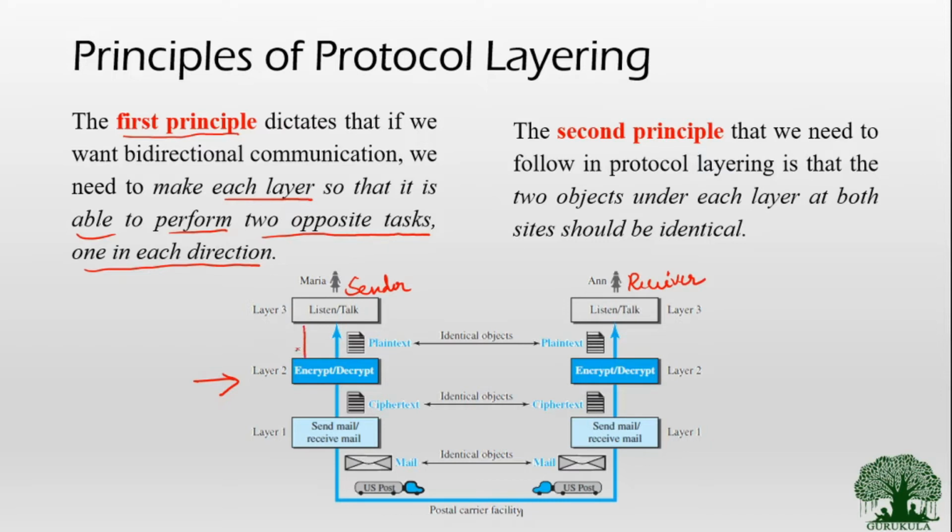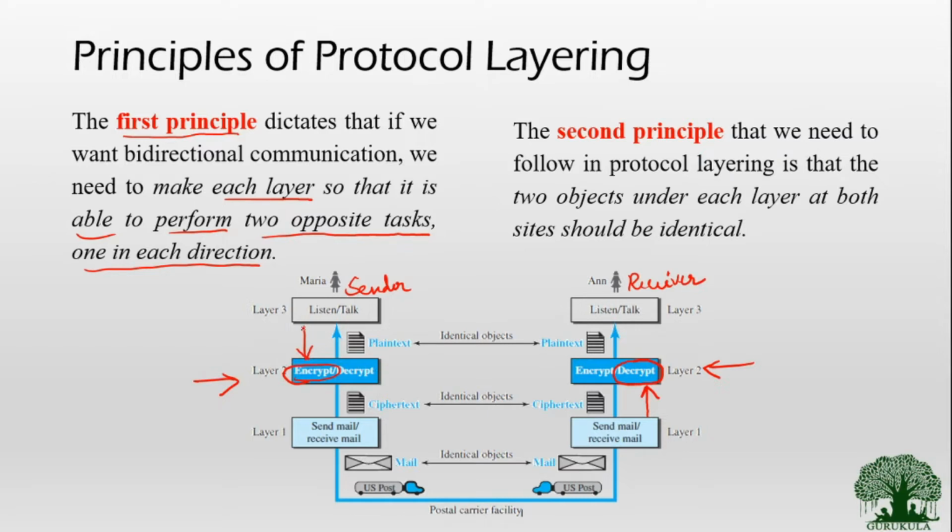When the message is communicating in this particular direction at the sender side, this layer performs the encryption operation. And consider the same layer again over here. When the email is entering in this particular direction, this will perform the decrypt operation. So the same layer is performing two opposite tasks, one in each direction.